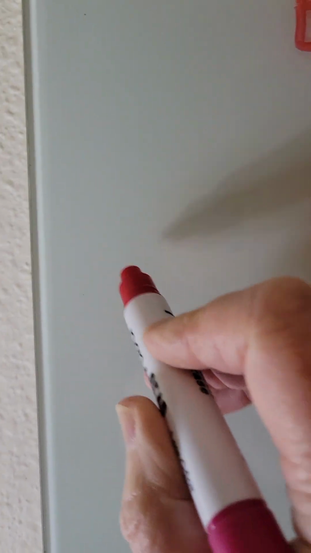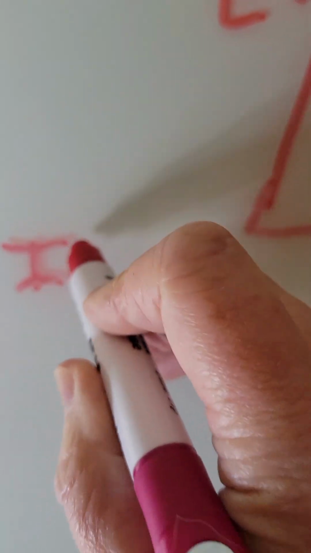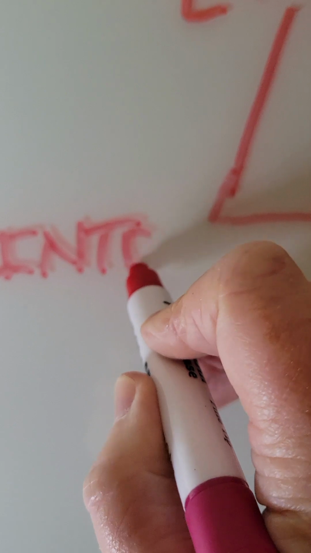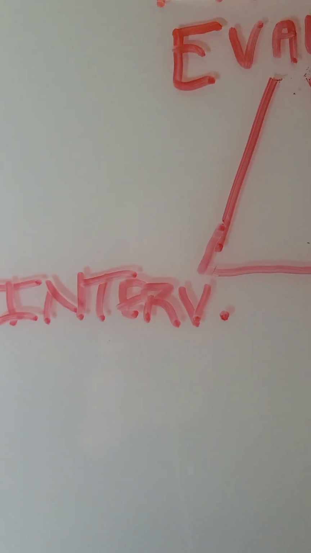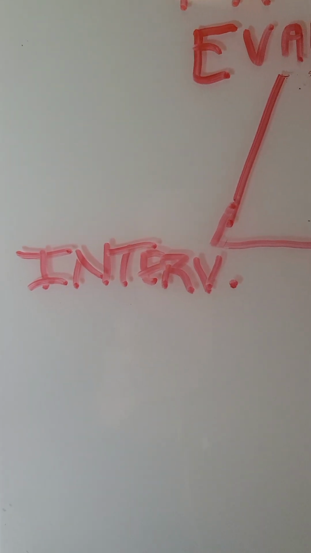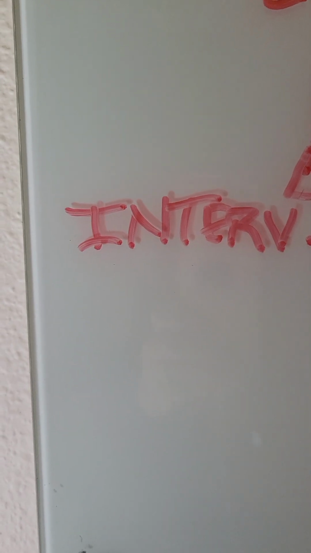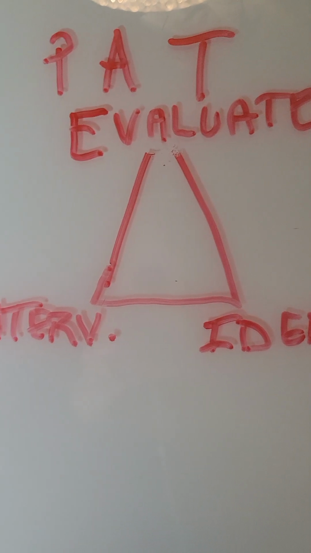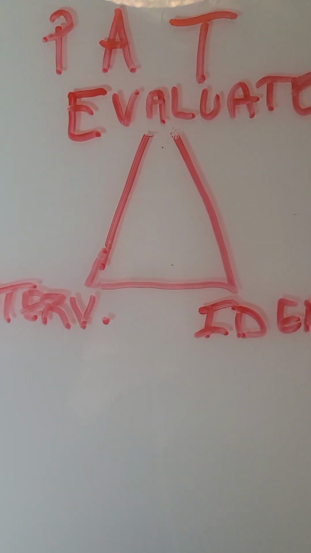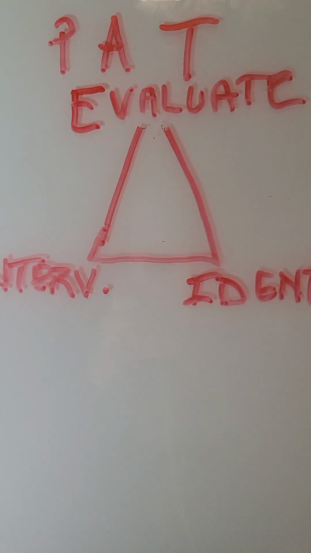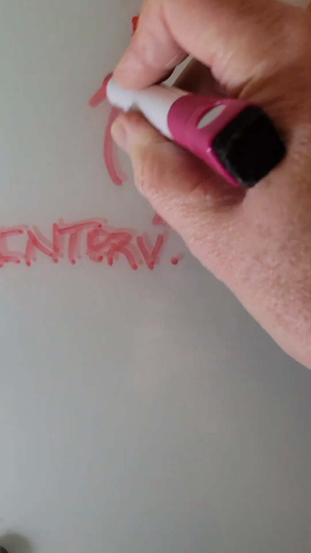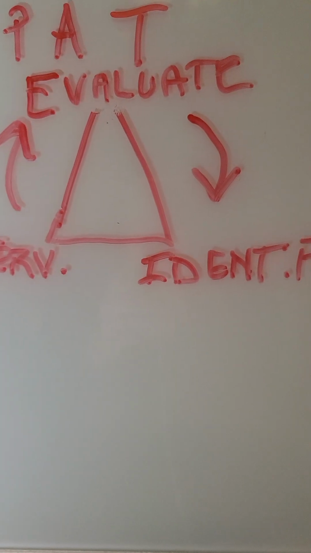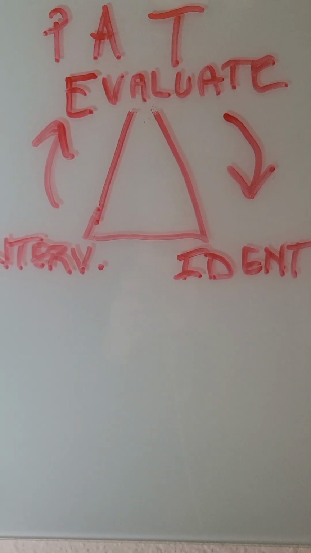And then over here, we're going to write intervene. Now, let's talk about what this represents. This as a whole represents an ongoing process. This never stops throughout the stay of the pediatric patient with us.